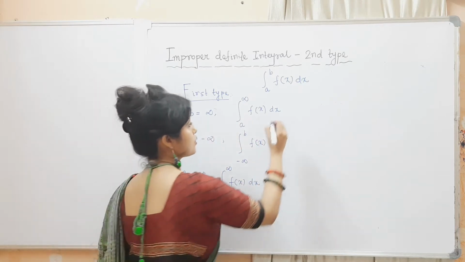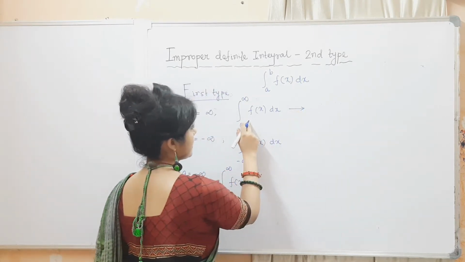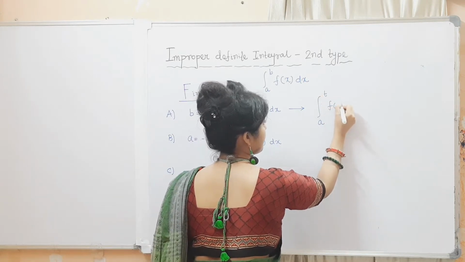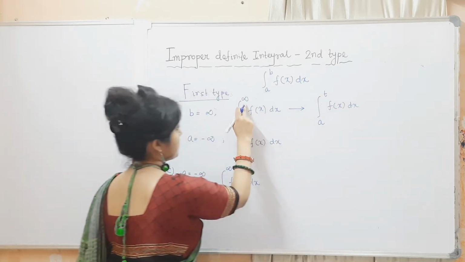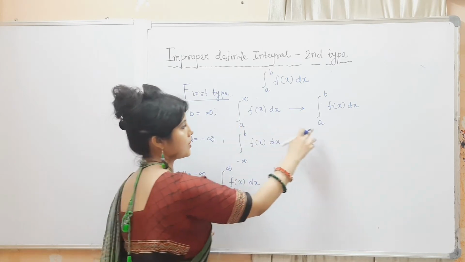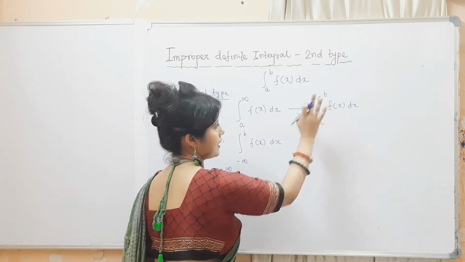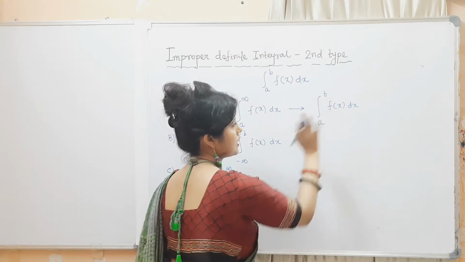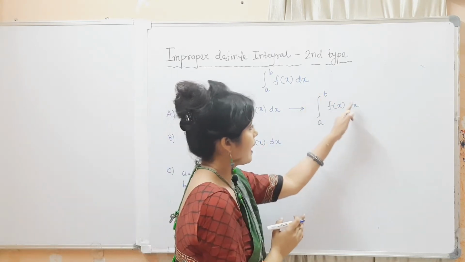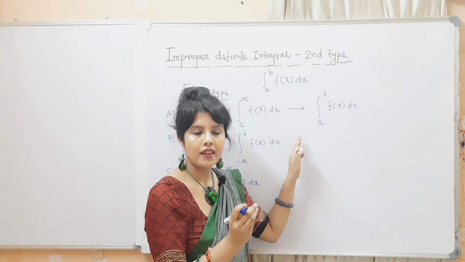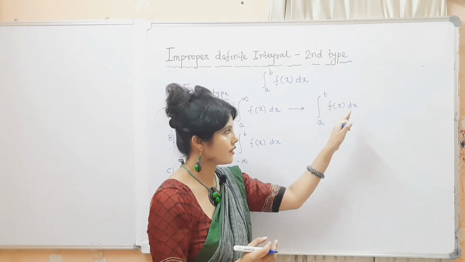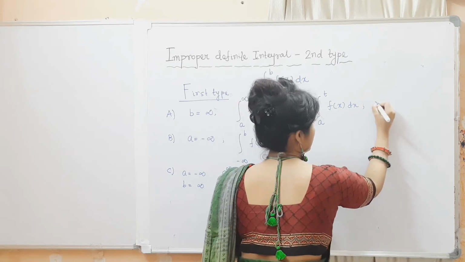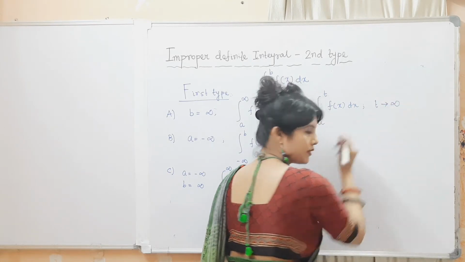And then how to solve them? For the first section, first you have to compute a to t f of x dx, because here the upper limit is infinity, so you have to take some finite value. Then the value of the integration will be some function of t, and therefore you have to take t tends to infinity.